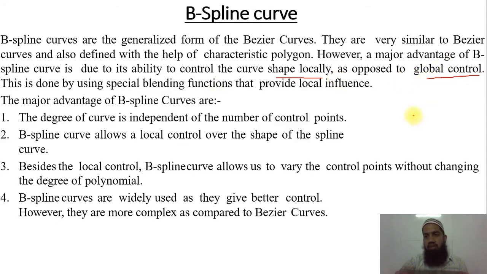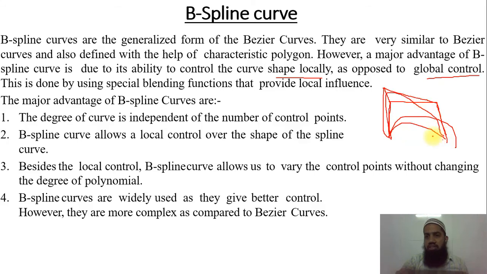Okay, because in the case of global control, as I said, this is a 4 point curve, and I am shifting this point to here, and then it will be connected here this way. Initially the curve goes like this way, but after the global control it goes like this way.